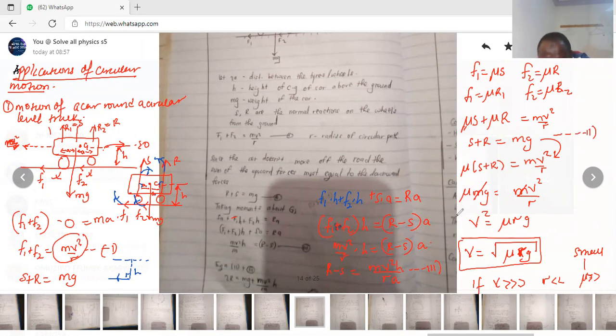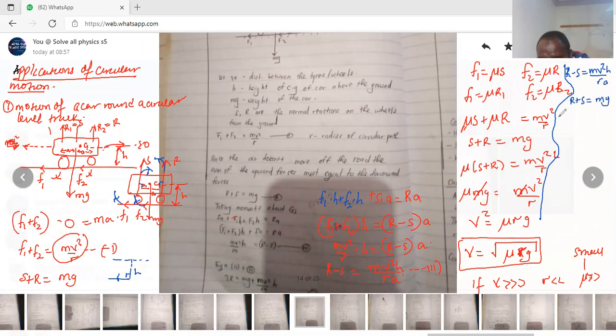So I can imagine equation 2 and equation 3, whereby if I add them, where can I write this? Let me use another color and write them here. Whereby you'll see that R minus S is equal to mv squared H over R A, whereas R plus S is equal to mg.